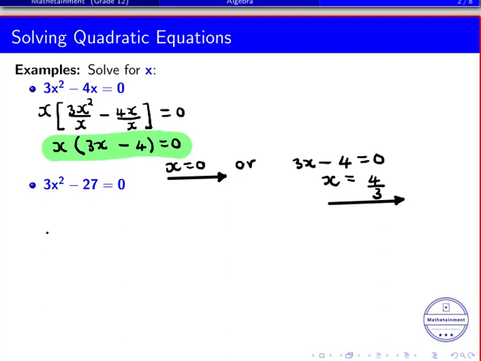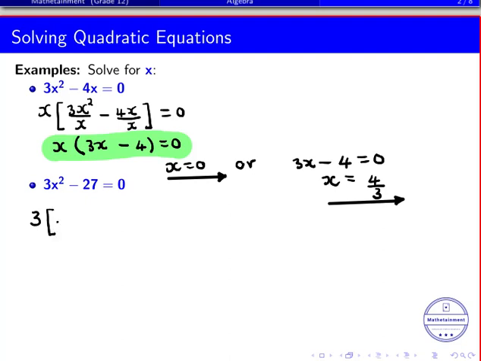Let's look at the second example. The second example is 3x squared minus 27 is equal to 0. We want to factorize the expression on the left-hand side of our equation. That expression is a binomial, hence we are going to employ the common factor. So the common factor there looks like it's 3.